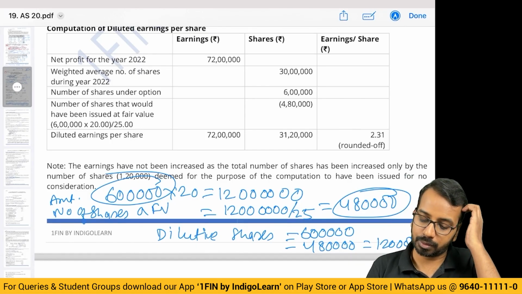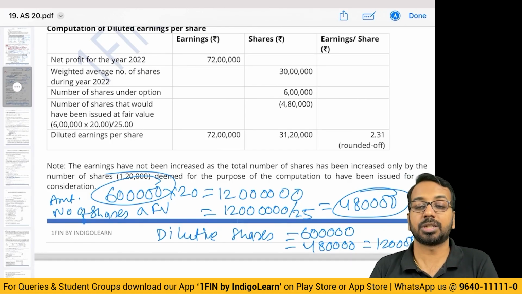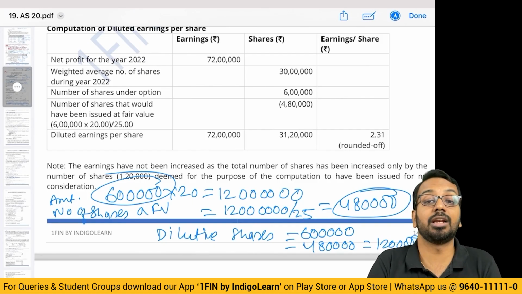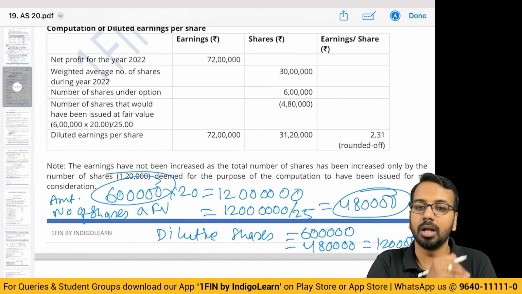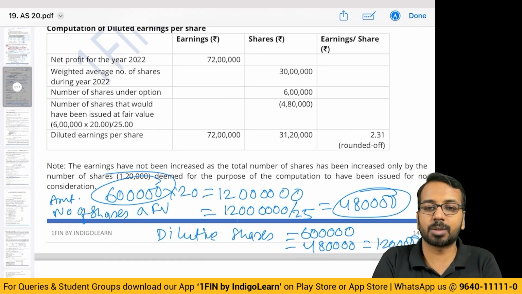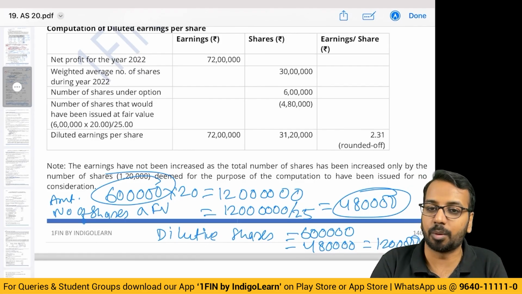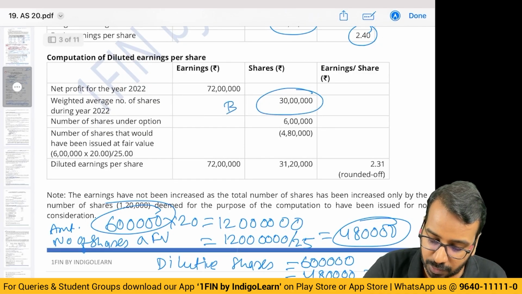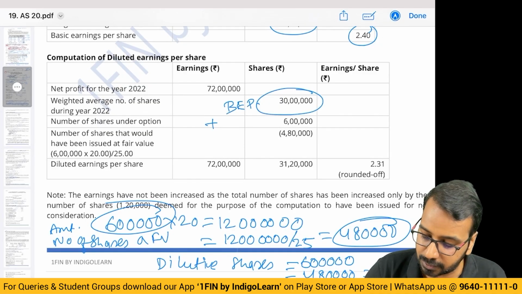Right. Now, to calculate diluted earnings per share in case of option, there is no adjustment required in earnings available to equity shareholders. Whatever adjustment has to be done is in the denominator only. Take the weighted average number of shares as per basic earnings per share plus 1,20,000.